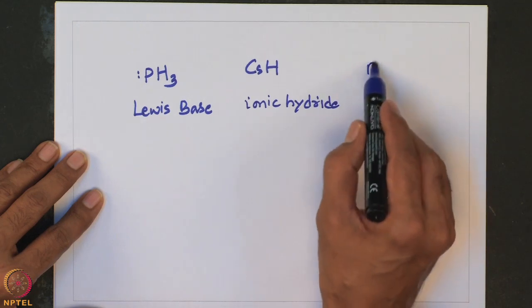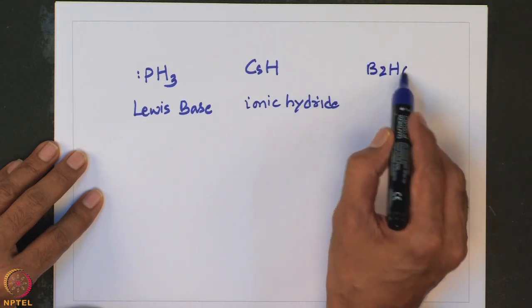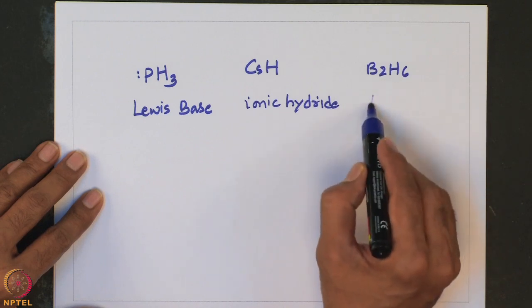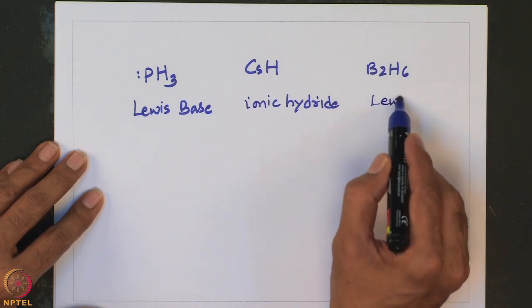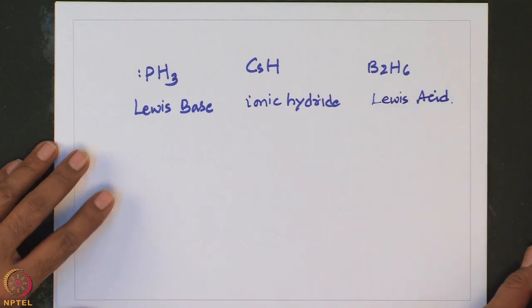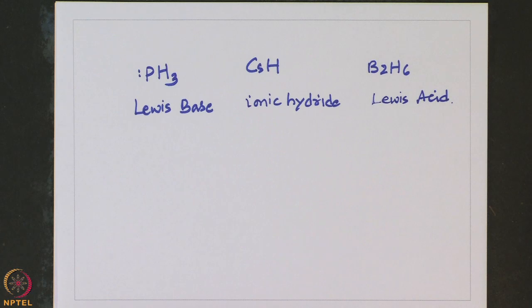Okay, whereas B2H6 is electron deficient, so it acts as a Lewis acid. Okay, so this is how we can classify by looking into the heteroatom and its electronic configuration.